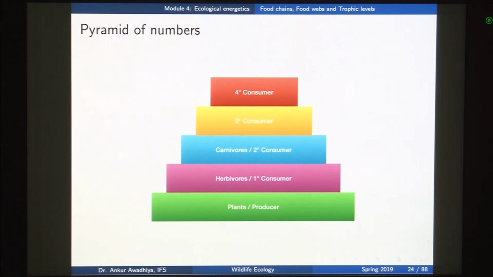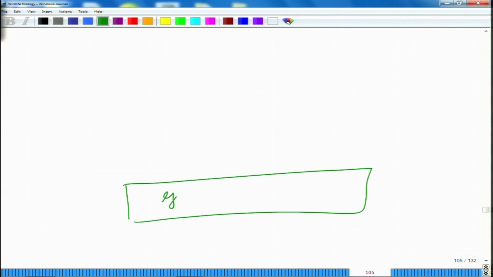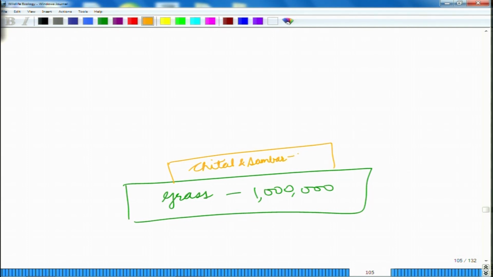So, in this case you will have, say, grass, with say 1,000,000 individuals of grass. These 1,000,000 individuals of grass are supporting, say, cheetal and sambar, and their number is say 4,000.